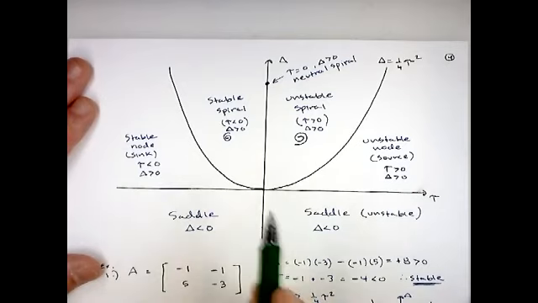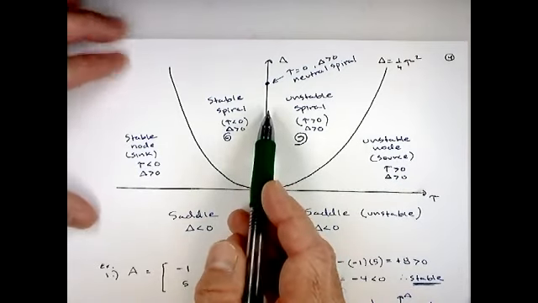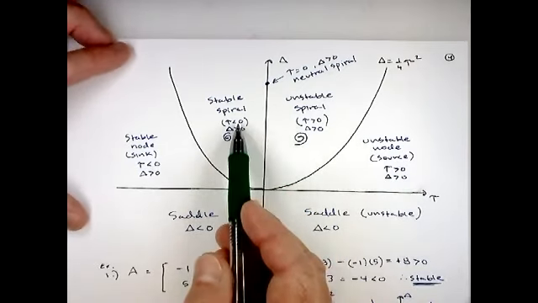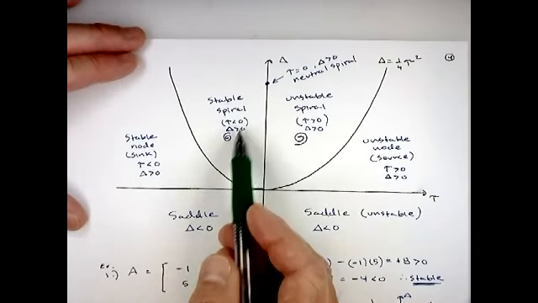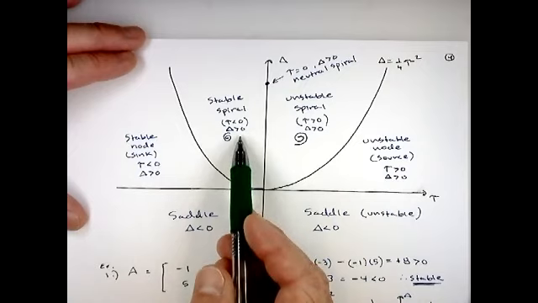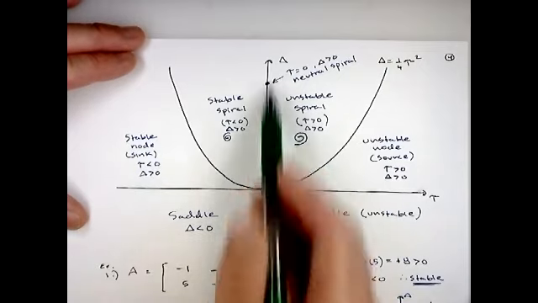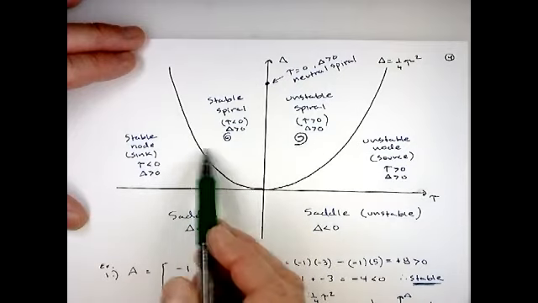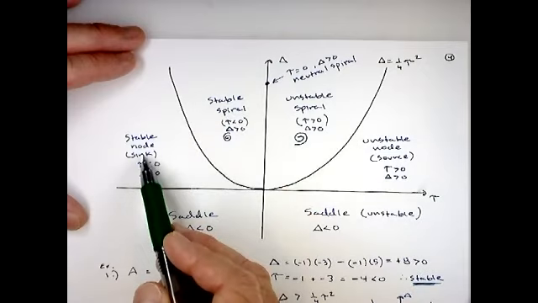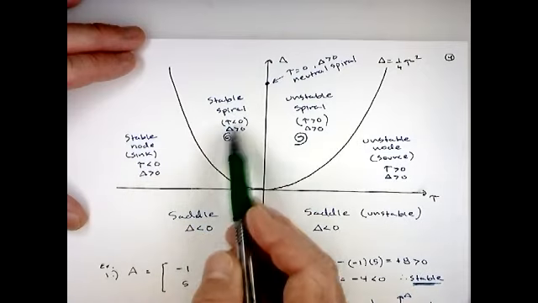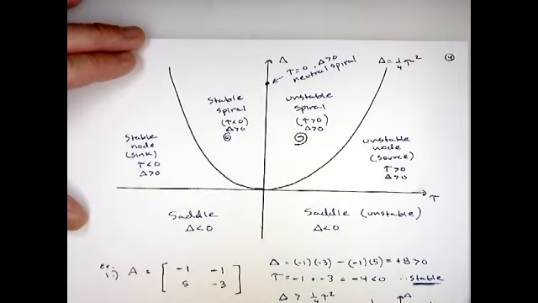Okay. So now we can distinguish even further. We saw that it would be stable if your trace was negative and your determinant was positive. That's over here in quadrant 2. And notice in either case, whether it's a spiral or a sink, both of those satisfy those requirements and they are both stable.